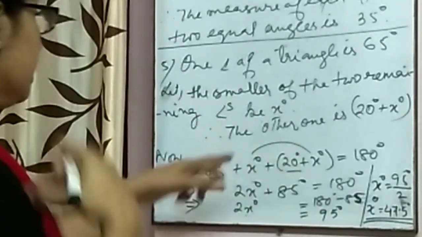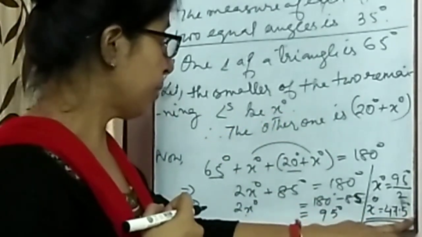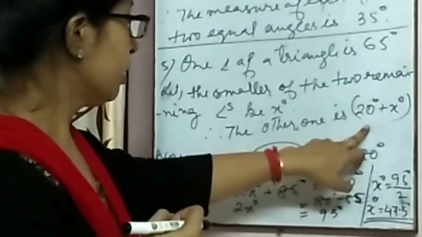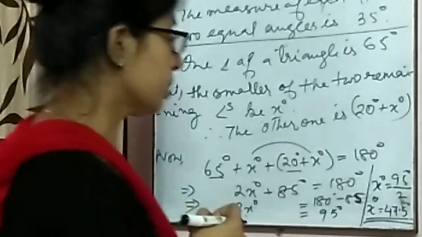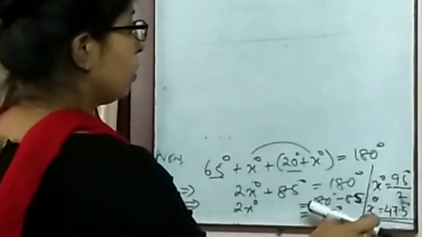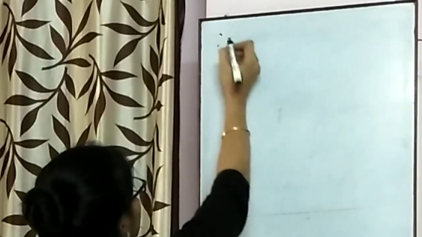So one angle is 47.5 degrees, then the other angle you have to add up with this. We have only taken out the value of x, so we need to find the remaining angles.